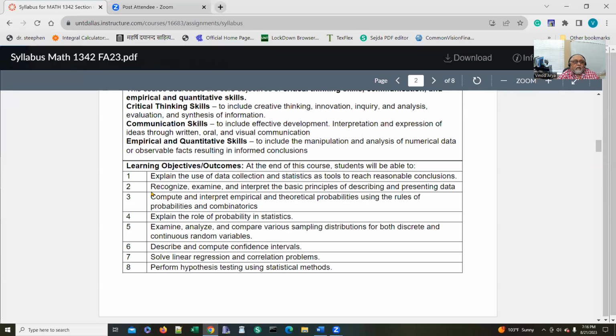Here are the objectives of what we will be learning and doing after the completion of this course.